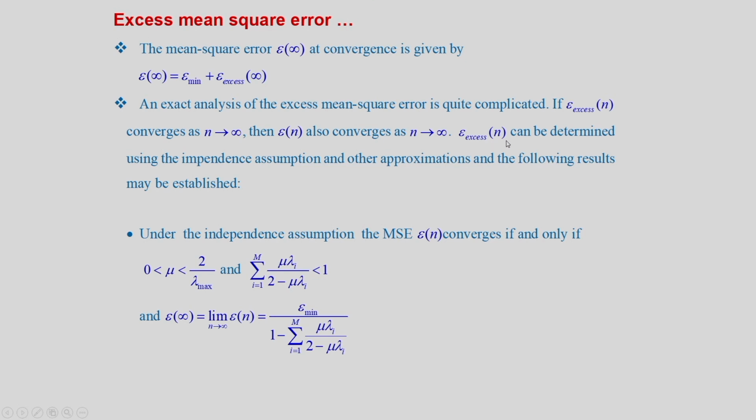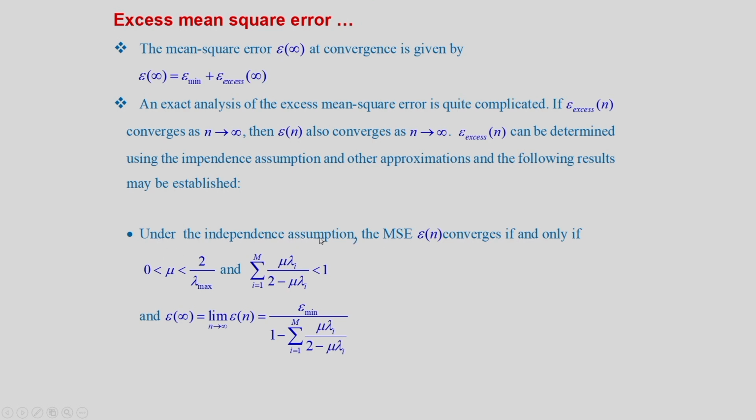That excess mean square error can be determined using the independence assumption and other approximation, and the following results may be established. We will not establish it, but this is a very important result.